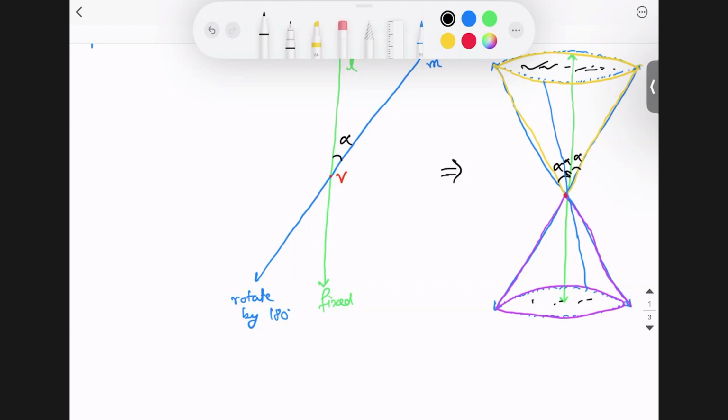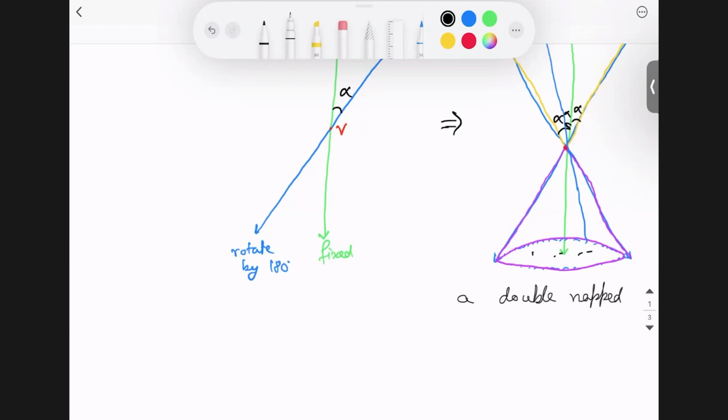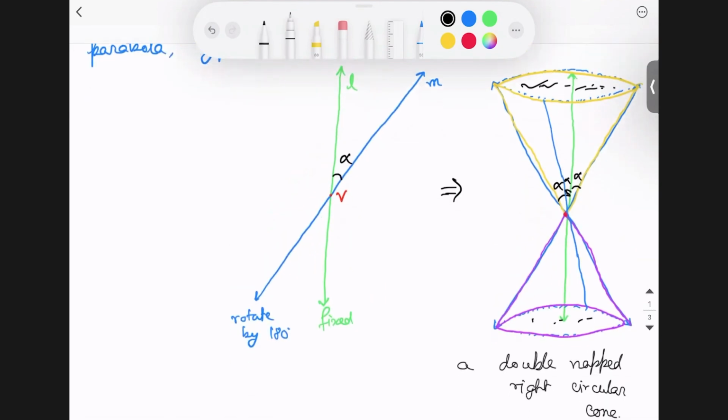This is called a double right circular cone, where this green line is fixed, and this is called the axis of the cone.